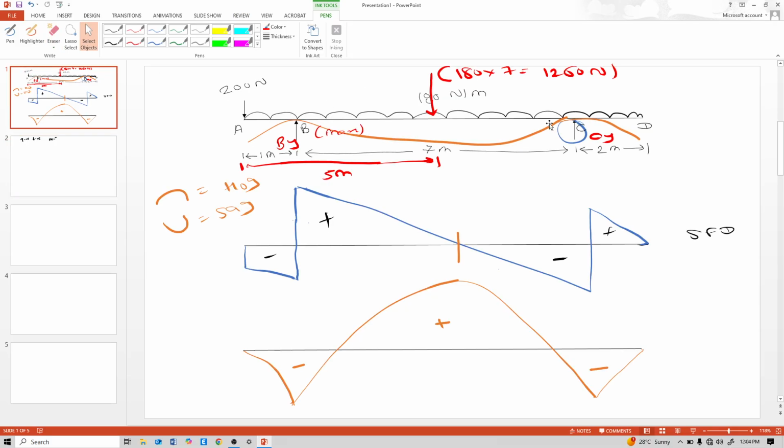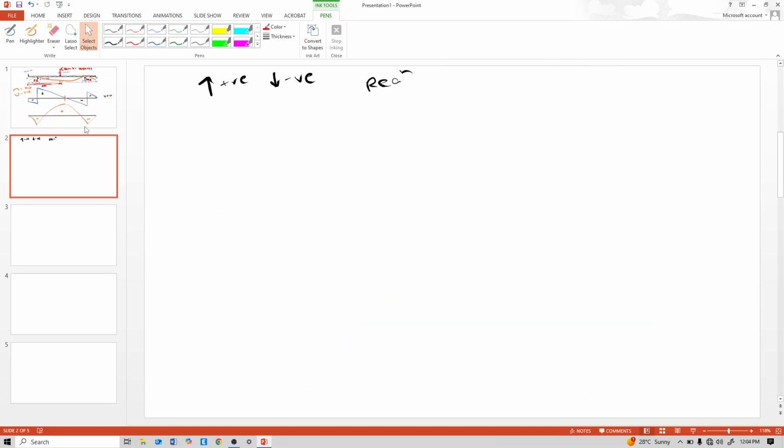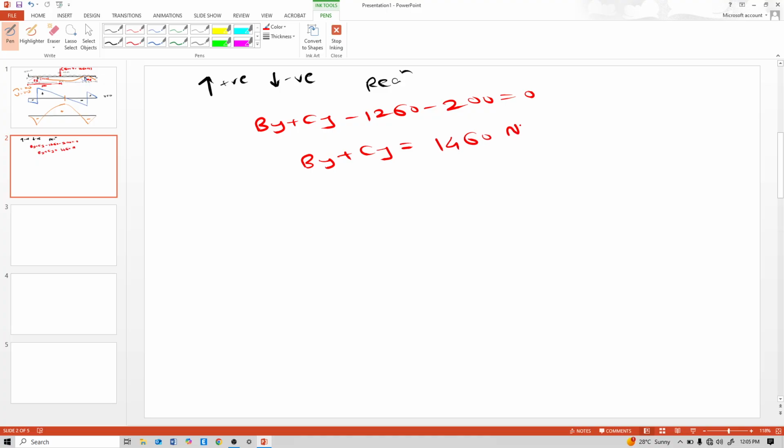So By plus Cy minus 1260 minus 200 equals 0. So By plus Cy is equal to 1460 Newton.